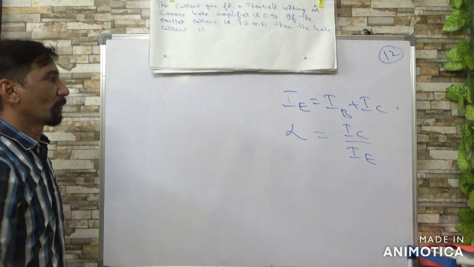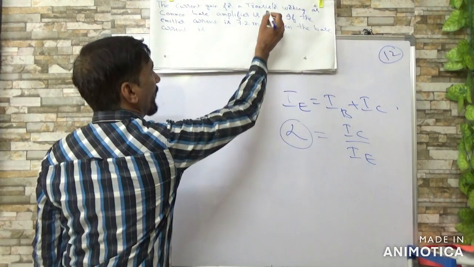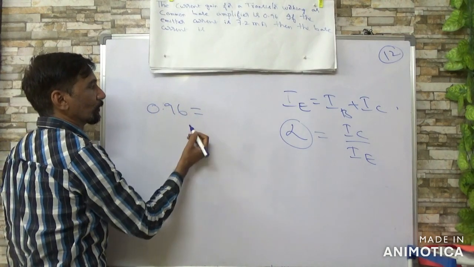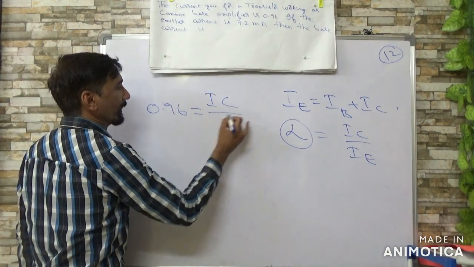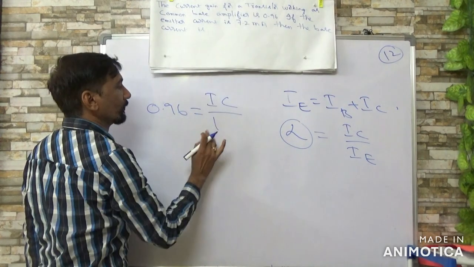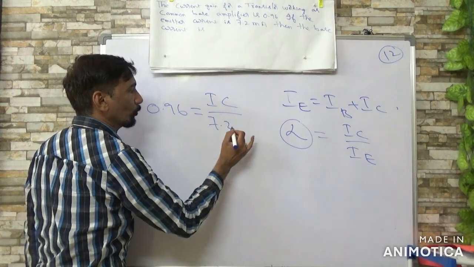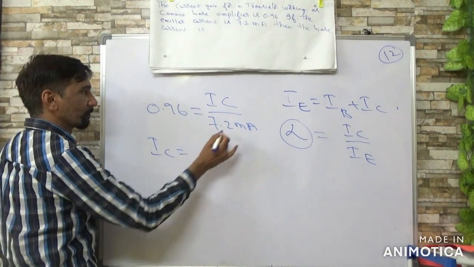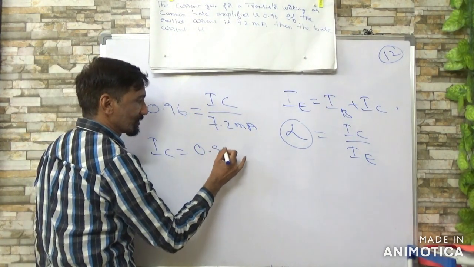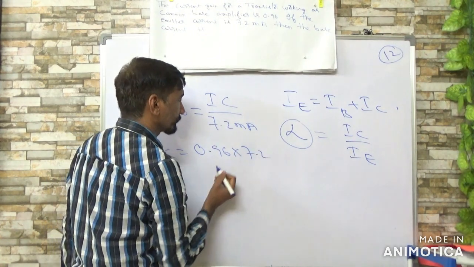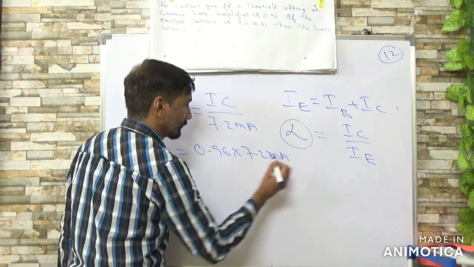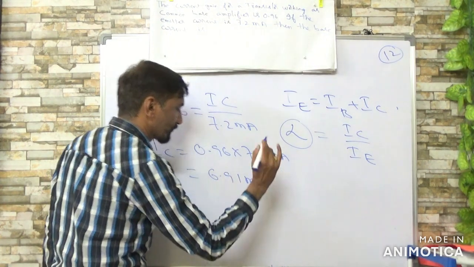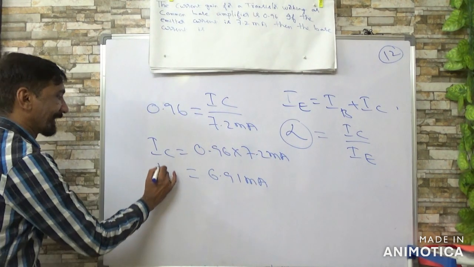Now, according to this problem, alpha value is given. 0.96 equal to collector current by emitter current, known in this problem 7.2 milliamp. So collector current will become 0.96 into 7.2 milliamps. So you get around 6.91 milliamps of current, that is collector current.